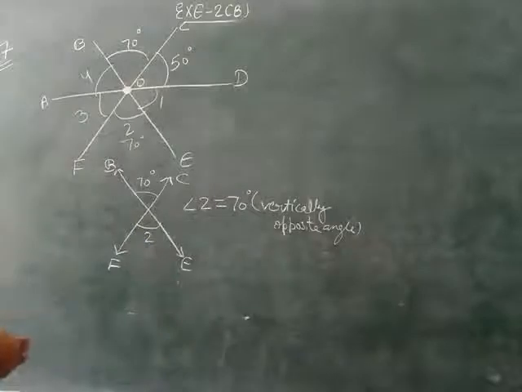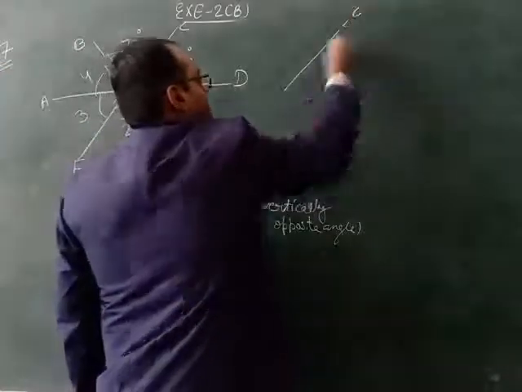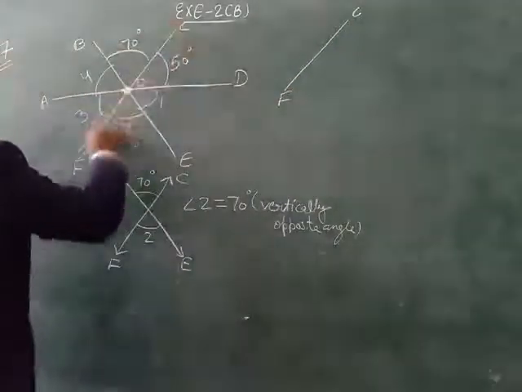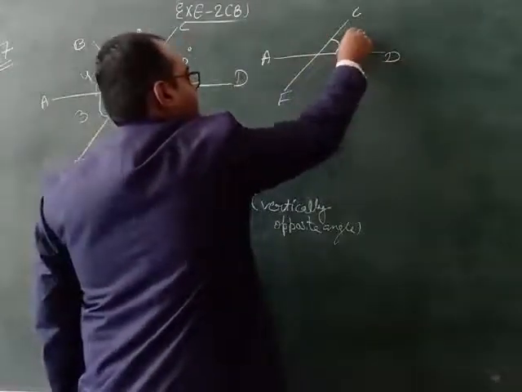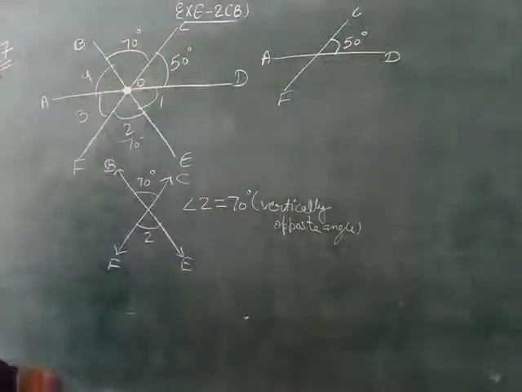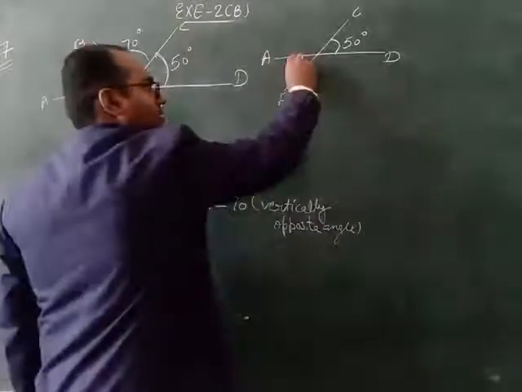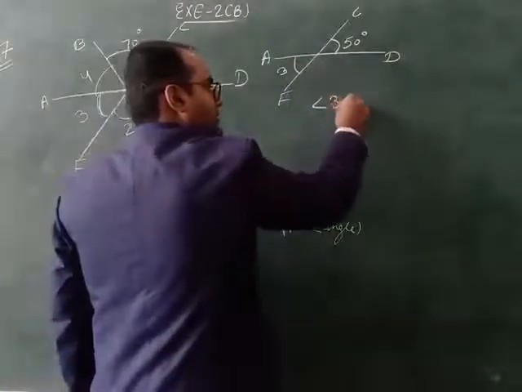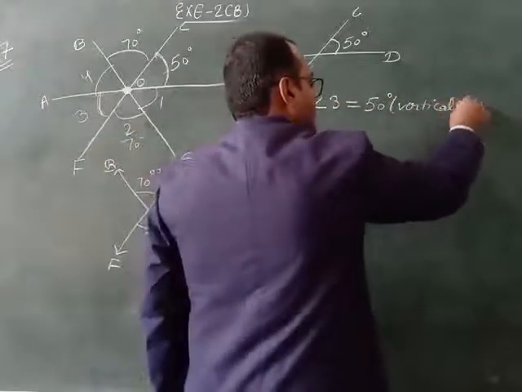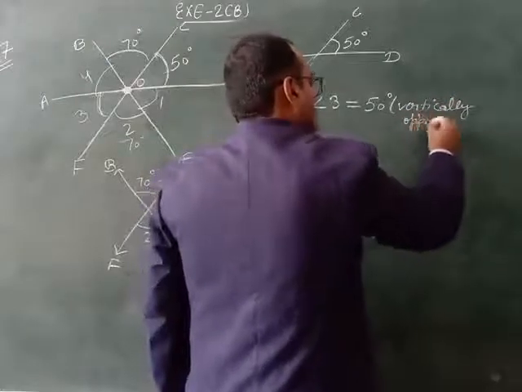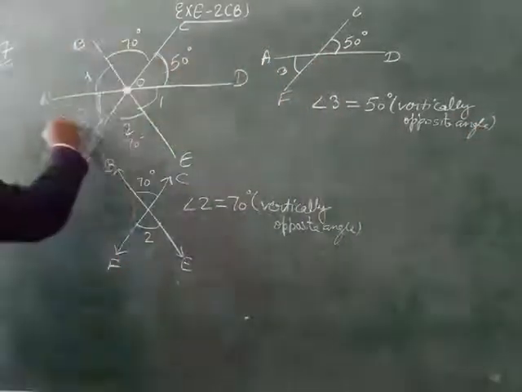Now we will take another two lines, the CF line and the AD line. Here it is given 50 degree. Opposite to this is angle 3. So we will say angle 3 will be equal to 50 degree because it is a vertically opposite angle.